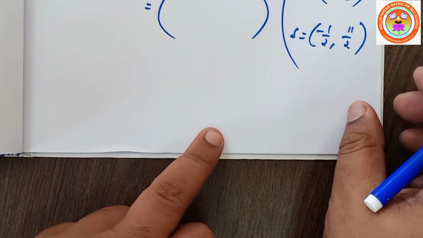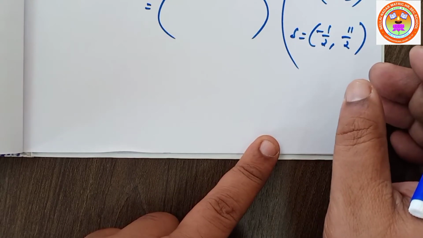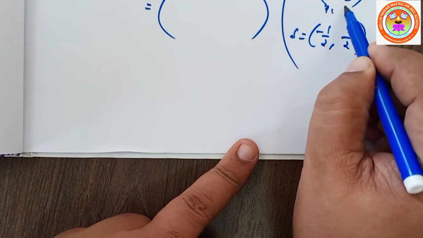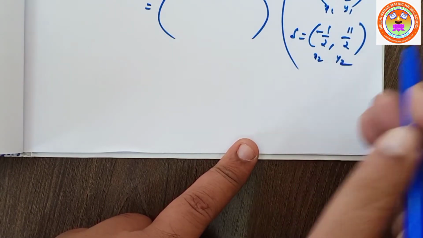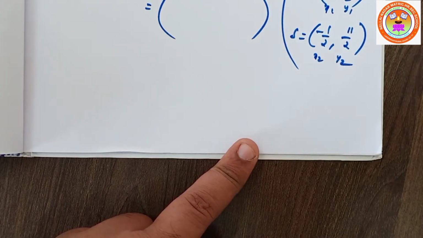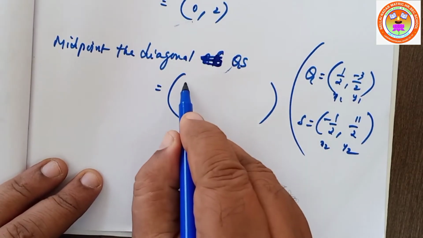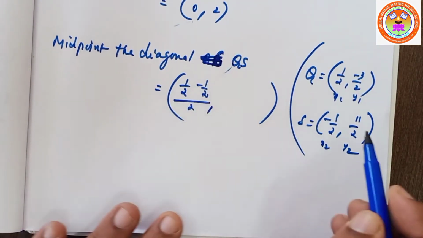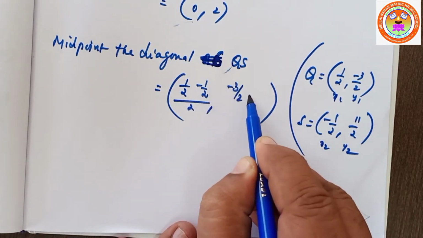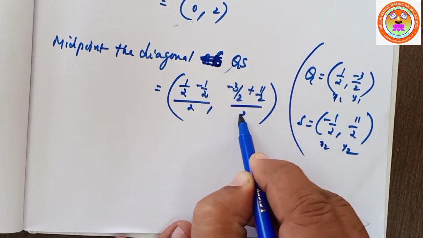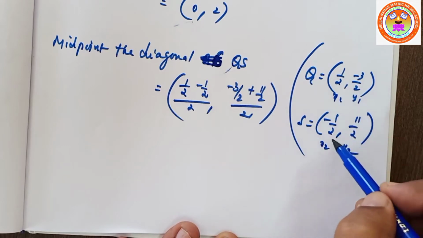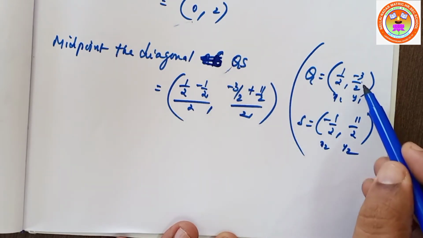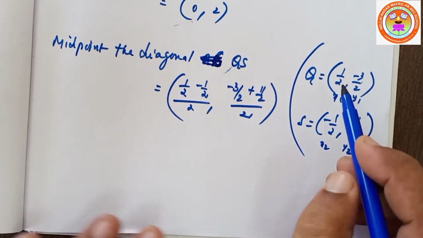Now this is x1 y1 x2 y2. x1 plus x2 by 2: half minus half by 2, comma y1 plus y2 by 2: -3 by 2 plus 11 by 2 divided by 2.